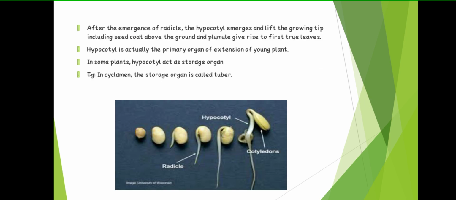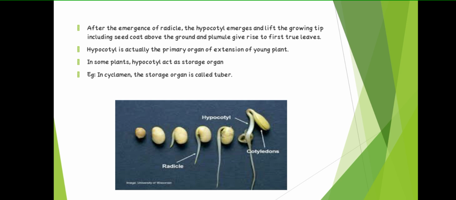After the emergence of radicle, hypocotyl emerges and it lifts the growing tip including the seed coat above the ground, and later plumule gives rise to the first true leaves. That is, first of all the radicle develops which gives rise to roots, and later the hypocotyl develops and it lifts the growing tip of the seedling including the seed coat above the ground, and later this plumule produces true leaves.